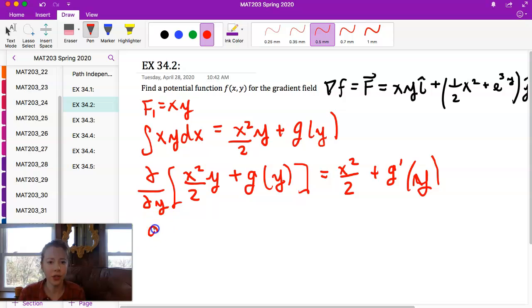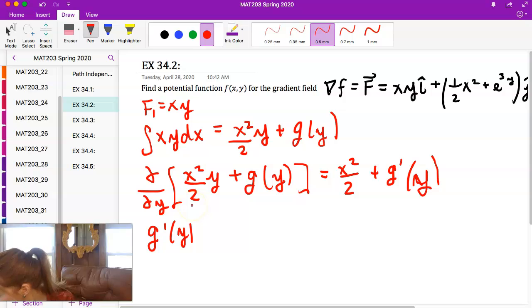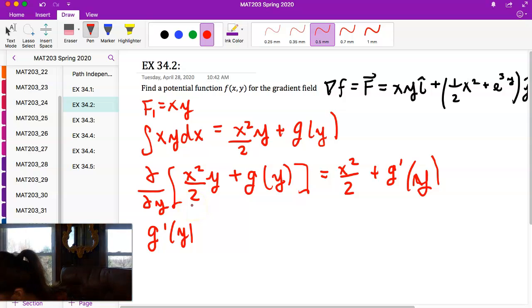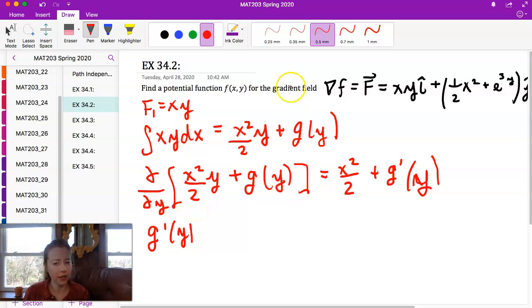So that tells us that g prime of y is going to be, well, x squared over 2 is going to equal x squared over 2, so g prime of y is going to be e to the 3y.